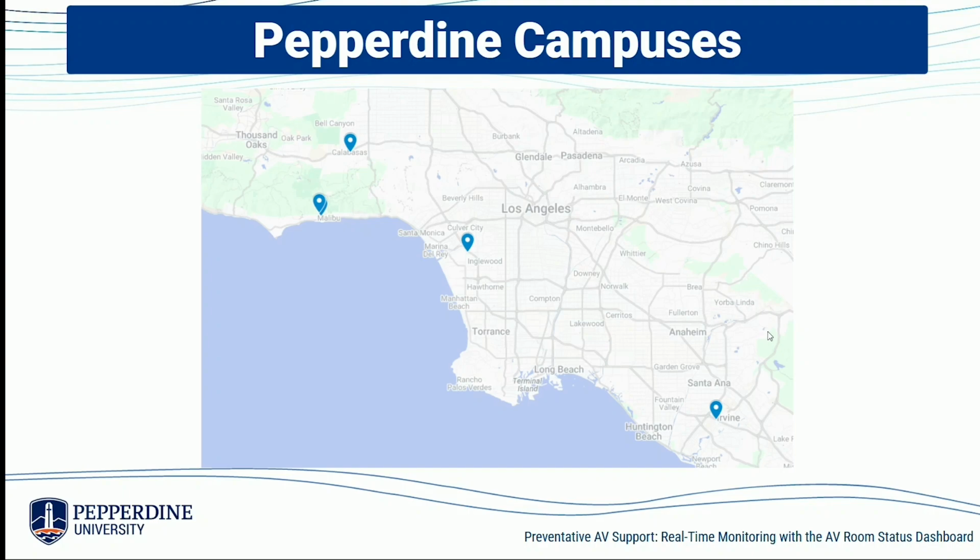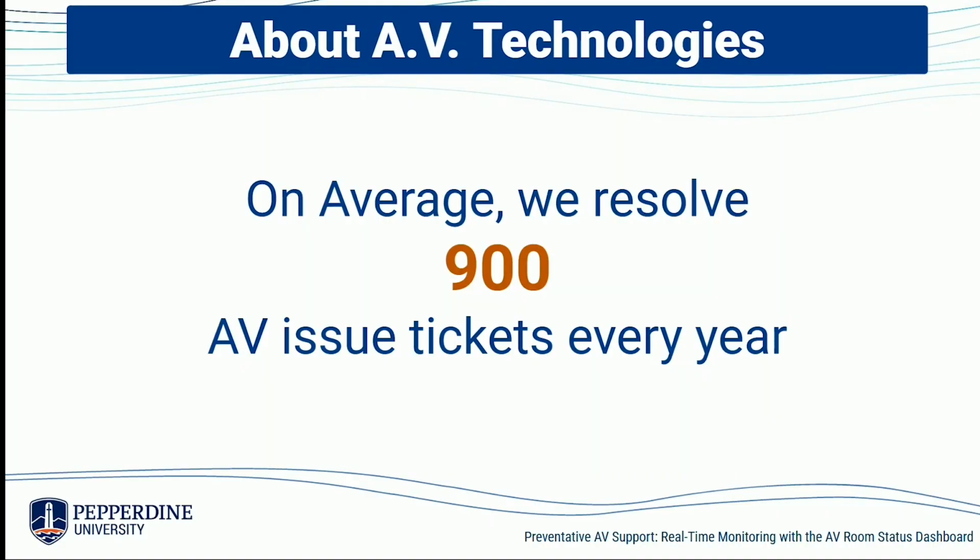So what I'm trying to convey here is that we support all of these campuses, so we try to have a solution for supporting all of them while not having the capability to drive back and forth between every campus every time someone thinks there's an issue, or we try to reduce the issues before they come up, because we don't want to drive from Malibu, that's where we're based out of, to Irvine whenever something breaks.